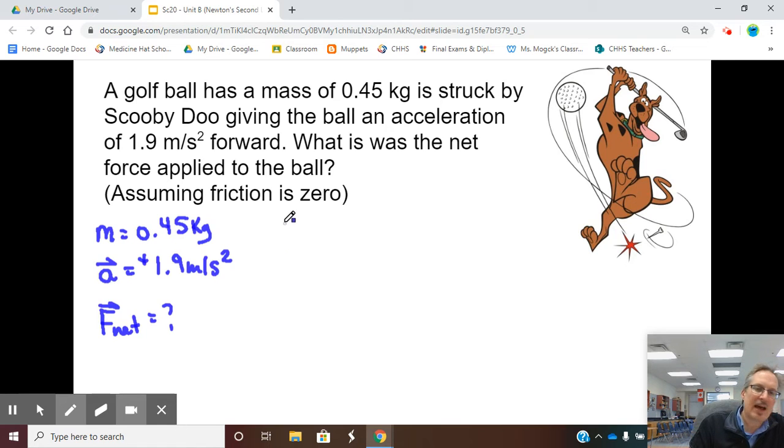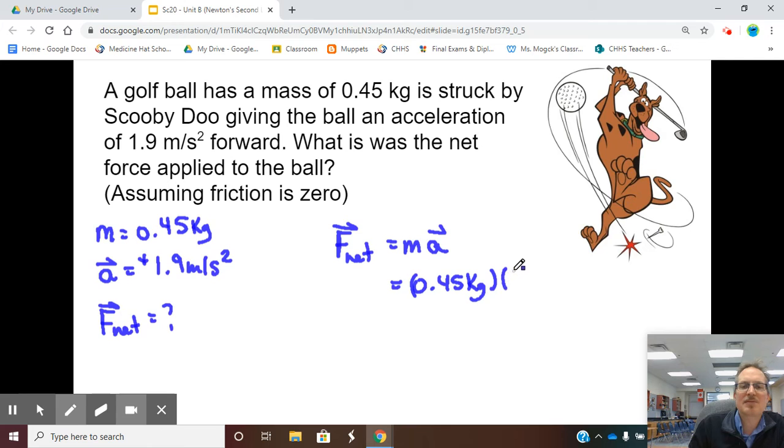Well, again, we have our formula from our data booklet. F net equals mass times acceleration. So we're going to take 0.45 kilograms times positive 1.9 meters per second squared. So decimal 45 times 1.9, enter.